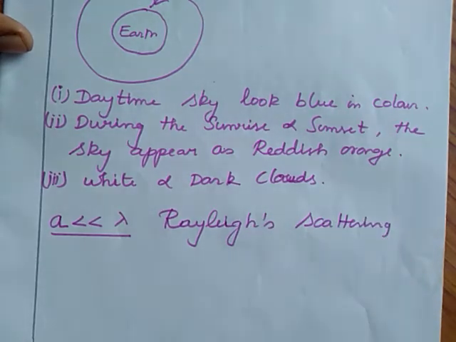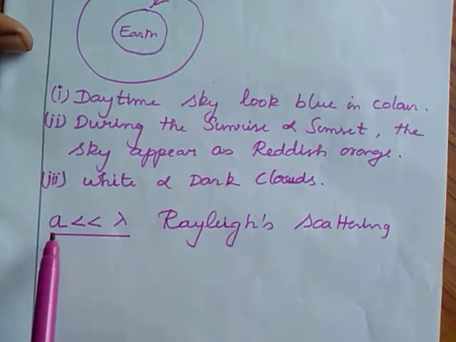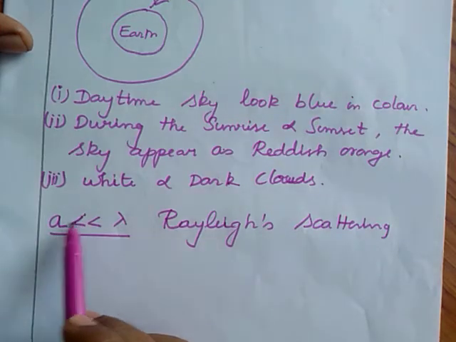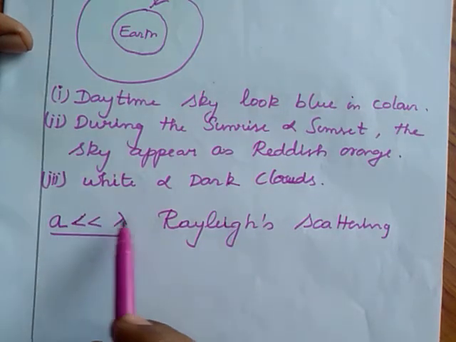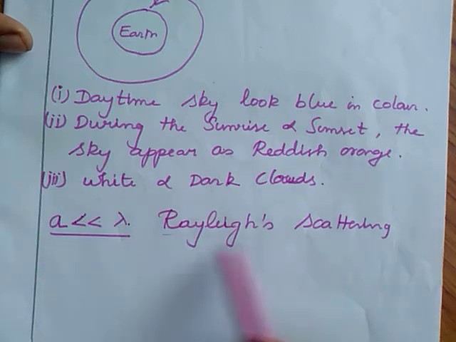This type of scattering is known as Rayleigh scattering, because here the particle has a size a less than the wavelength incident on the particle, so a scattering takes place, that means deviation of light rays.